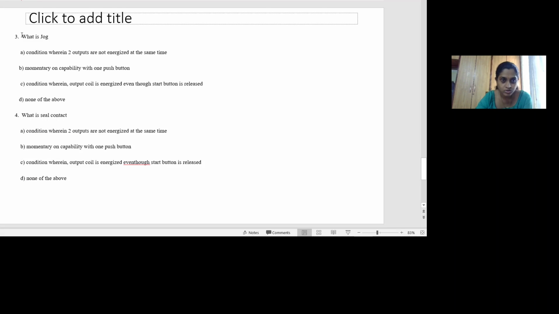Then the third question is: what is a jog? Options: A, condition wherein two outputs are not energized at the same time. B, momentary on capability with one push button. C, condition wherein the output coil is energized even though the start button is released. D, none of the above.